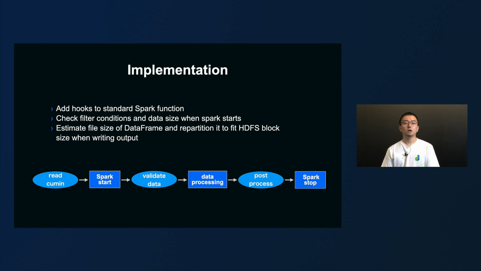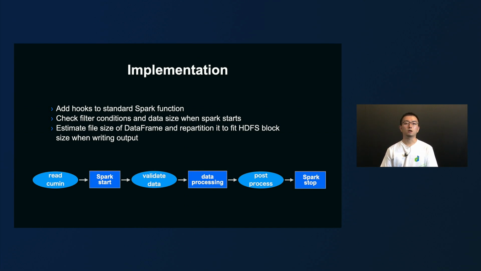Next is about implementation. Basically, the implementation is hooking to the standard Spark function. When using Cumin, it is necessary to read in the settings before Spark starts. Thus, by the time Spark starts, you know the table, column partition, and filter conditions that are used.